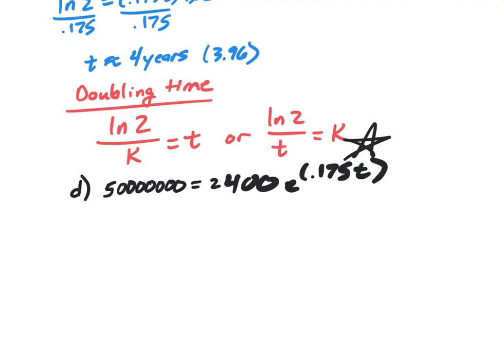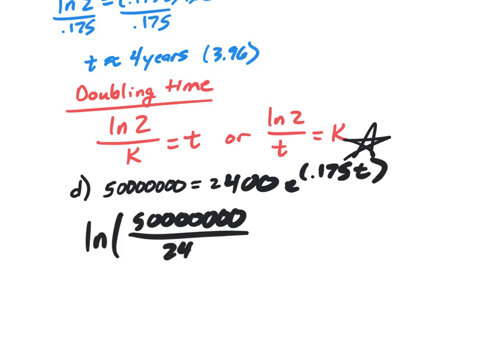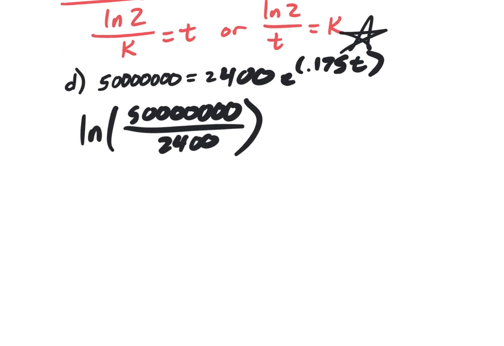Okay. And then as you kind of start to figure out the process, we're going to take the ln of this number, and you could put this all into your calculator all at once if you wanted to. The ln of that number, and we're going to divide it by 0.175.